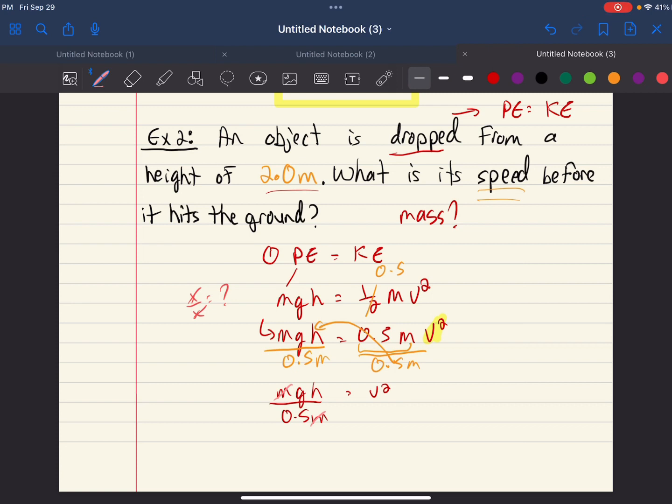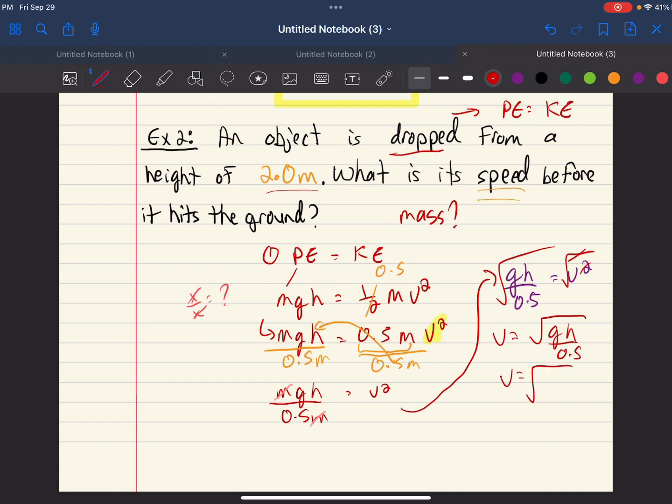So now, I'll draw an arrow here to rewrite it, we have gh over 0.5, and that's going to equal v squared. And then to get v and not v squared, I'm going to square root both sides. So now I just have v is equal to the root of gh over 0.5.